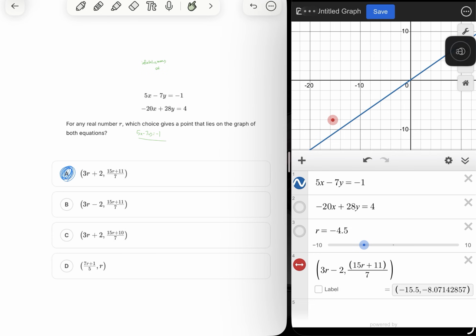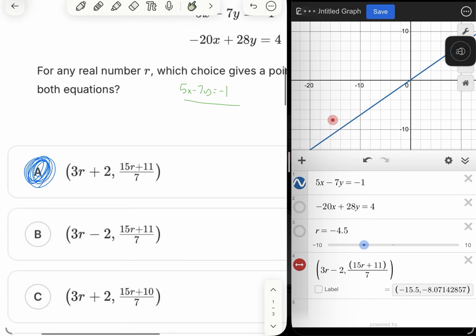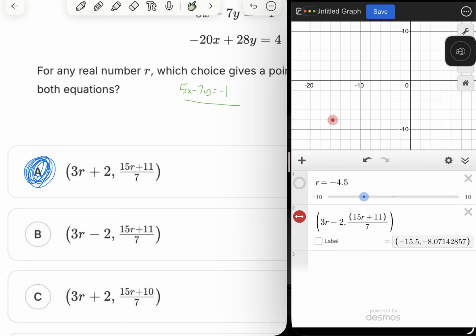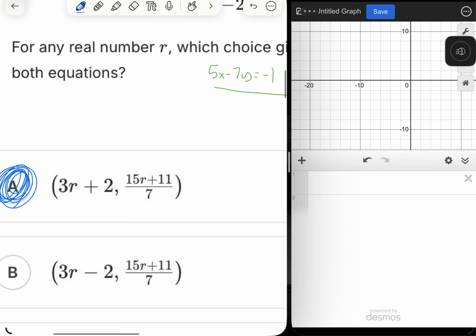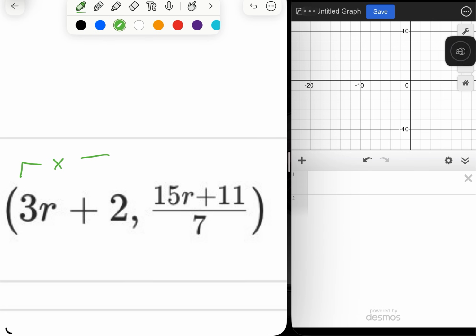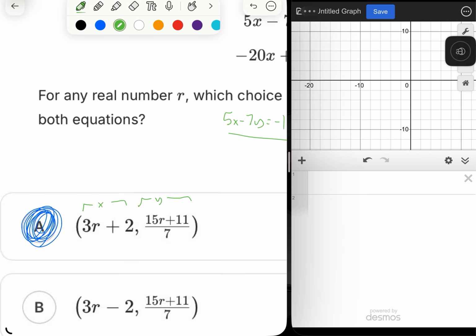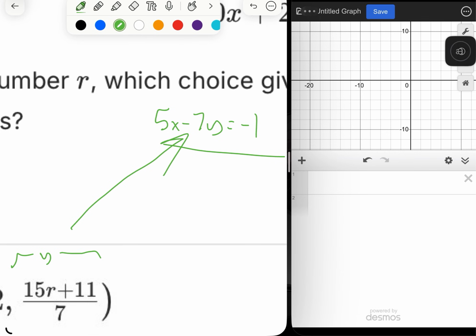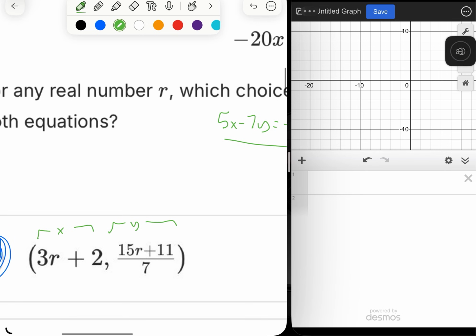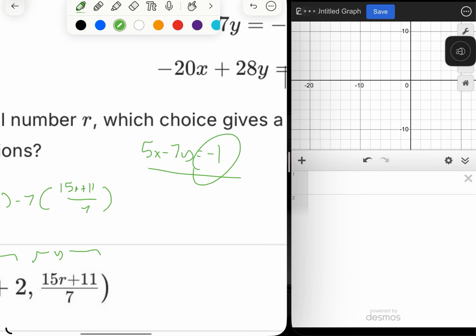And just as a way to check yourself, we got A as our answer here, and there is actually a way you can verify your answer. Think of this as your x and this as your y. If you plug those into this equation here, it should give you an equation that holds true. So let's do that. You have 5 times x, which is 3r plus 2, minus 7 times y, which is 15r plus 11, divided by 7, and all of that equals negative 1.